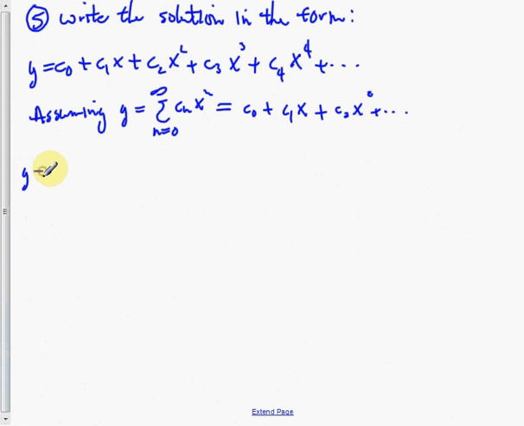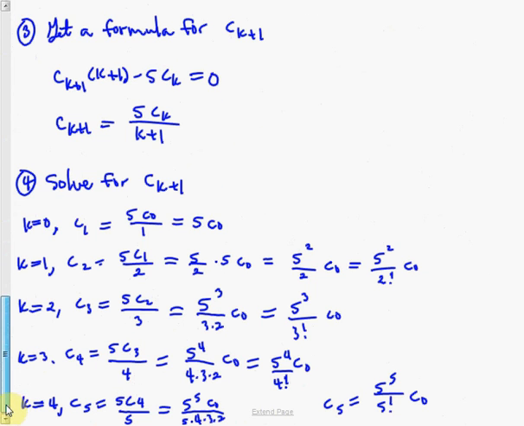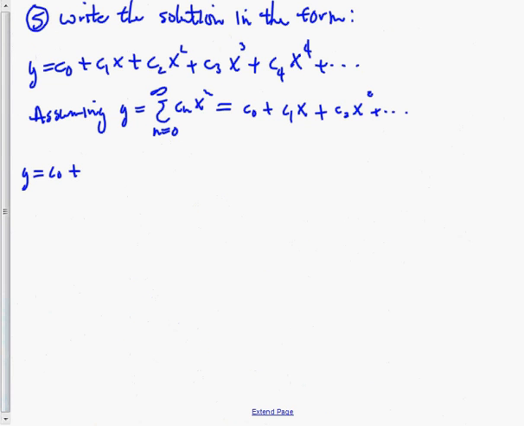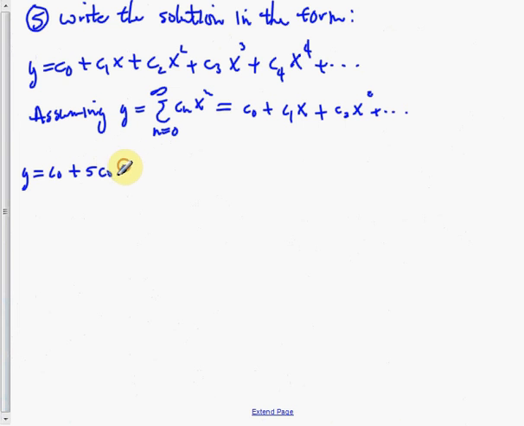So we have y is equal to c naught plus c sub 1. c sub 1 is 5 times c naught, so this is 5 times c naught times x.